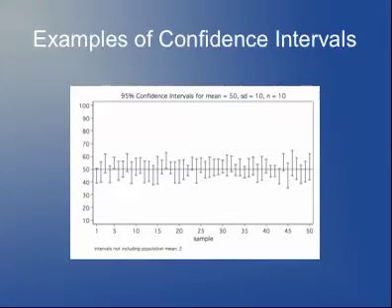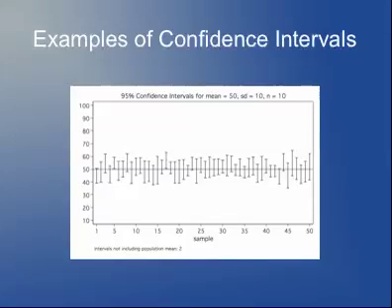And I did this 50 times, and you can see there were a couple, that one right there, and where's the other one? I don't even see it. Well, I can't see. Yeah, I guess that one over there also just barely missed. So out of 50 confidence intervals, 2 of them did not contain the true value of the mean.